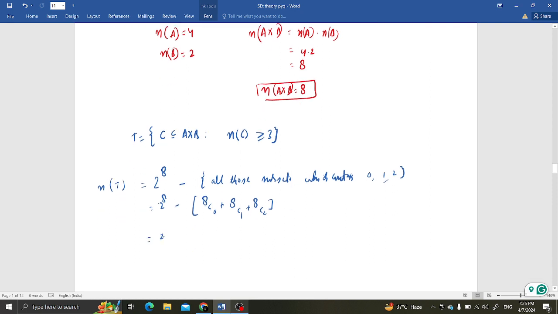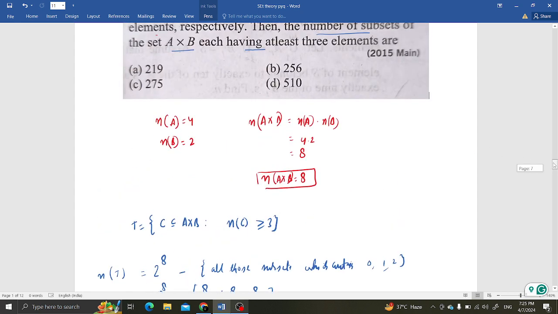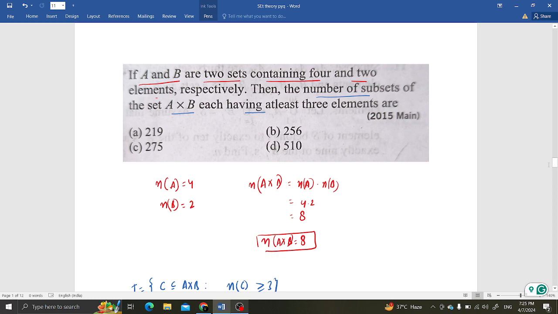So if we subtract 2 raised to the power 8 minus 8C0 minus 8C1 minus 8C2, here we will get 256 minus 1 minus 8 minus 28. And how much is that actually? 219. Okay, I hope you understand this question. If you have any doubt, then you can comment. Thank you for watching.